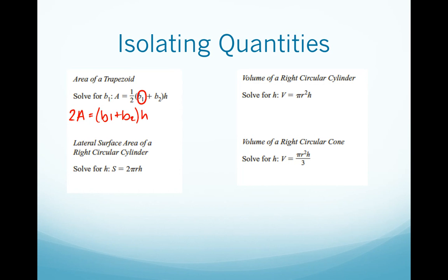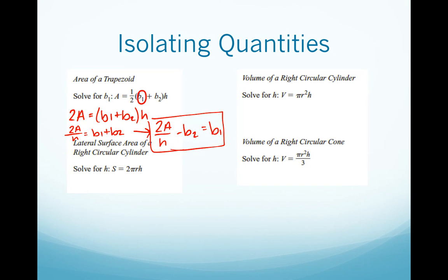So we're going to have to divide both sides by h. So 2a over h equals b1 plus b2, and then you're going to subtract that b2 over. When you do that, it's not going to be a common denominator with that 2a over h, so it just kind of gets tacked on. That's equal to b1.